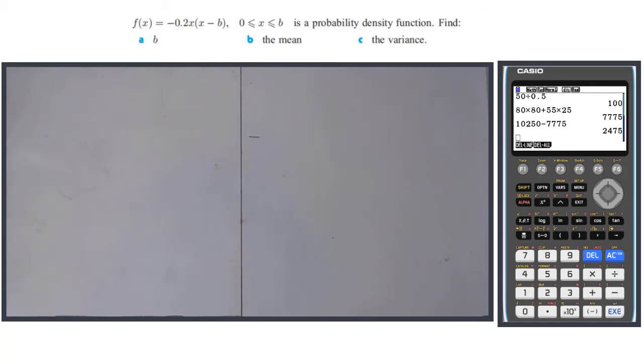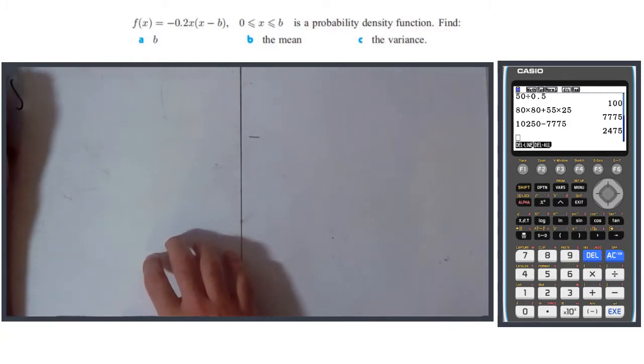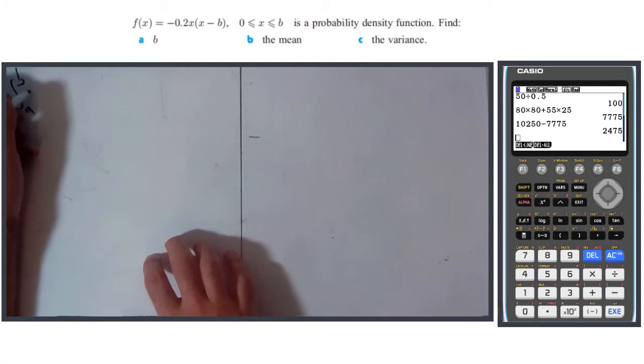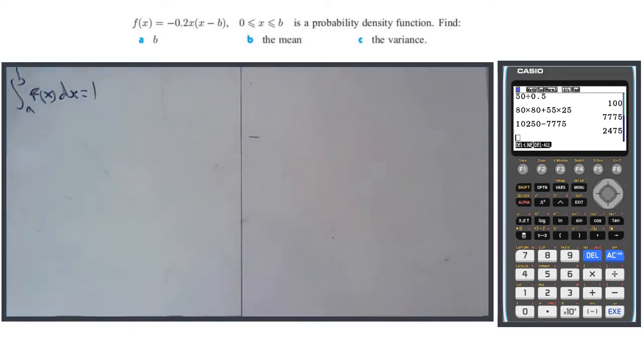Firstly, for a probability distribution function, the integral of f(x) dx over the domain equals 1, because all the area under the curve represents the total probability, which must be 1 since that represents all possible outcomes.